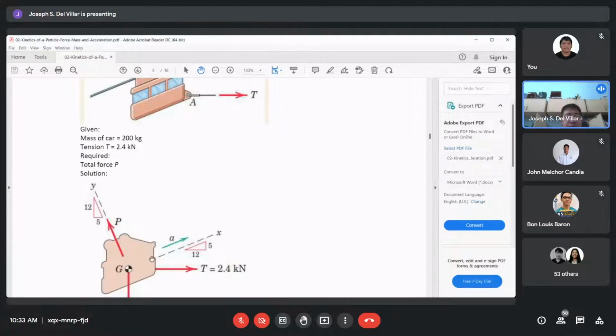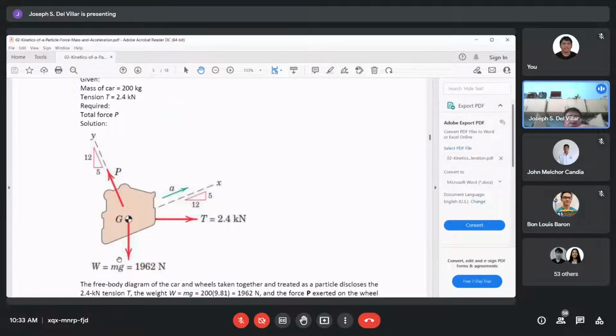The acceleration is the direction of motion. Okay? And then this is the weight, mass times gravity.